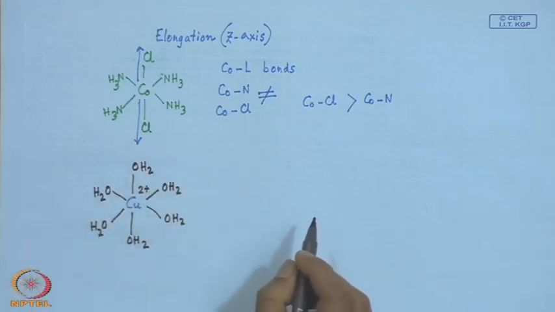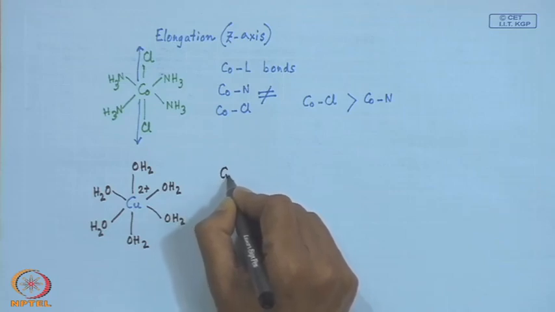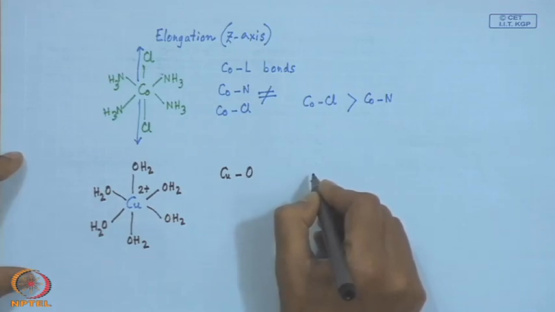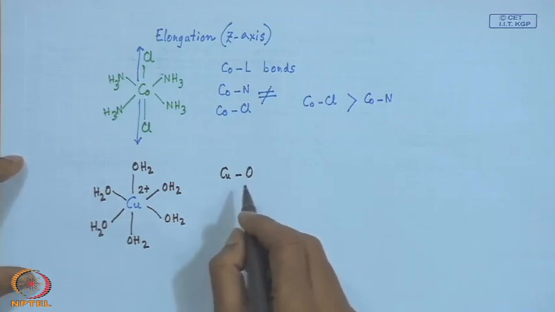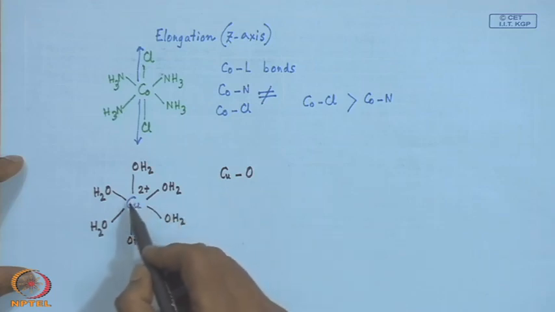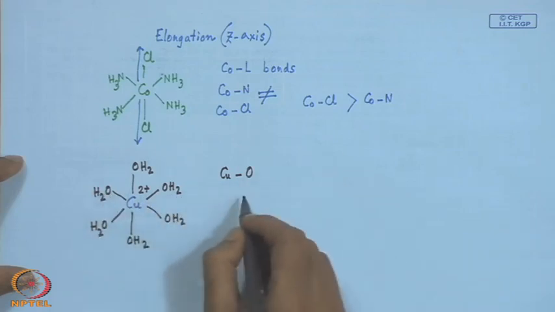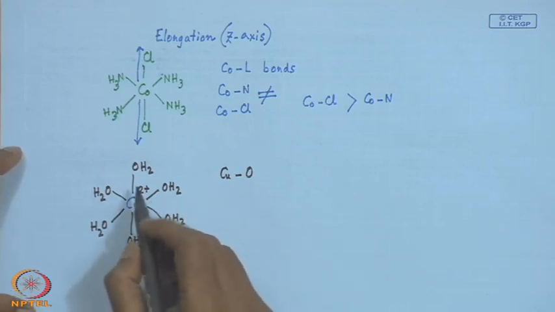We expect all the copper-oxygen bonds to be the same, but in actual practice it is not happening. We get unequal occupancy of electrons in the t2g level and the eg level, which we will discuss in some of our future classes.